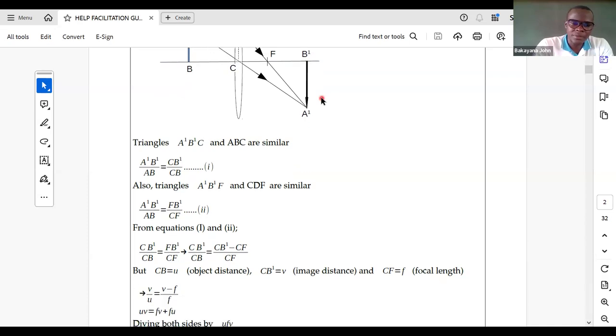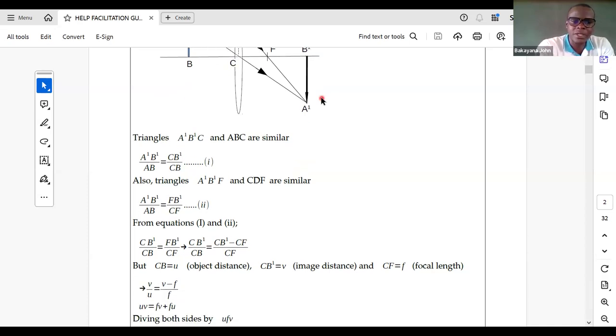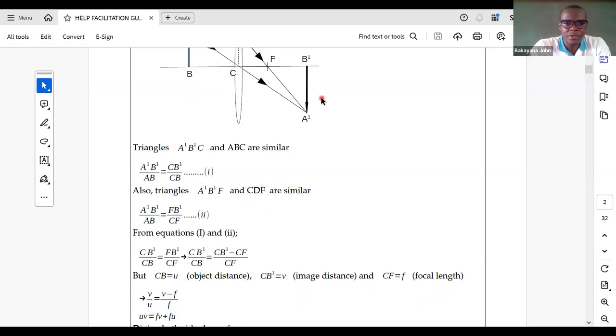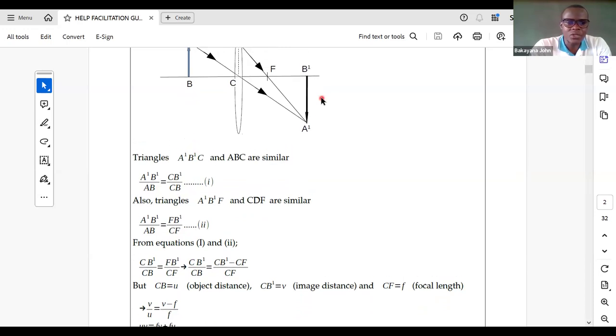So we are saying that if CB is equal to U, the object distance, and CB prime is V, the image distance, then CF is going to be F. So you want to get the distance from the focal point up to where B prime is. All together?